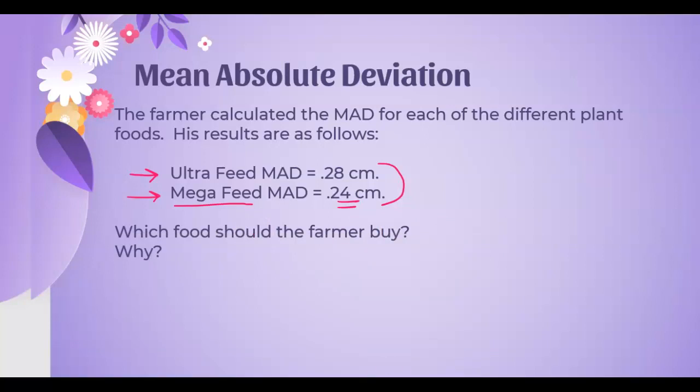So the farmer wants his plants to grow as predicted. He's putting a lot of money into this feed and these plants, and he wants to make sure his plants are consistently growing the way they're supposed to grow. So he chooses the mega feed to put on his plants for harvest.